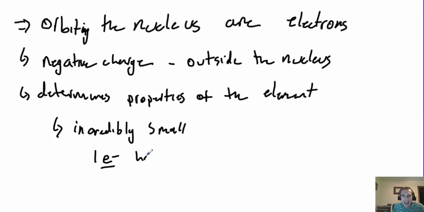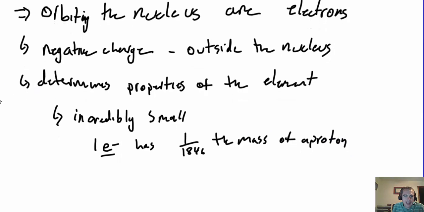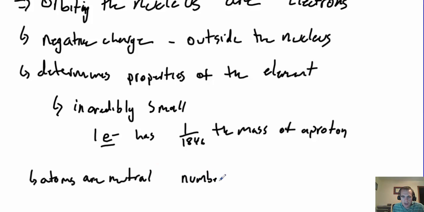One electron has 1/1846 the mass of a proton. Okay? Now, because protons and electrons have to have the same number in an atom because atoms are neutral, okay? Atoms are neutral, which means number of electrons equals the number of protons.